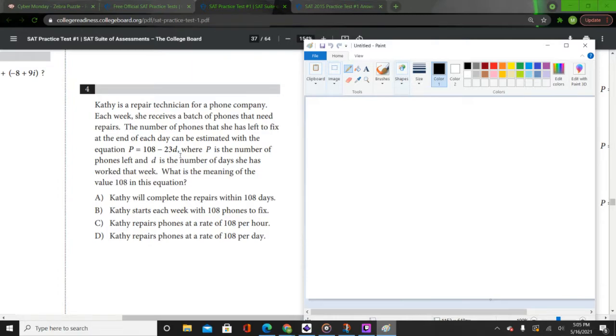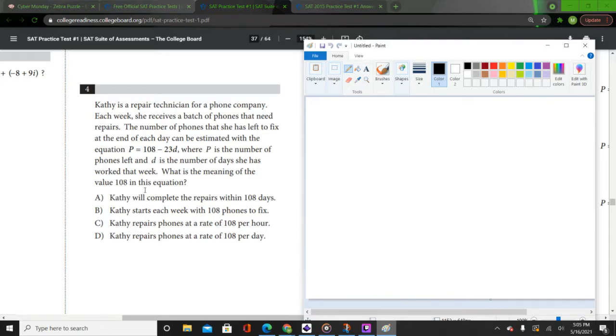So the rate would have to be multiplied by the number of days she's worked that week, which would be multiplied by 23. So we can eliminate both C and D. And now we have to determine, is it days or repairs? However, P is in terms of repairs, and 108 is not multiplied by anything else. So we can conclude that the answer for 4 is, in fact, choice B.